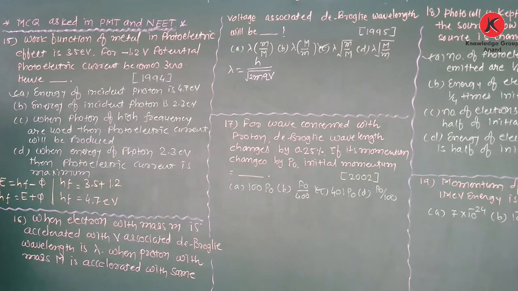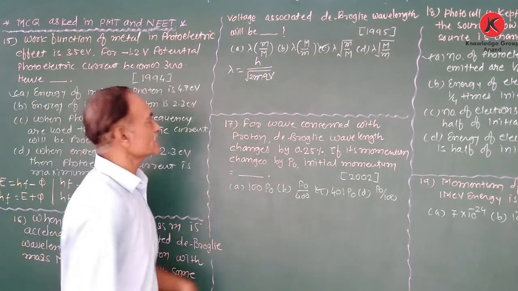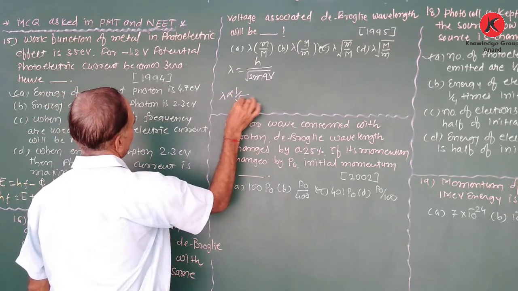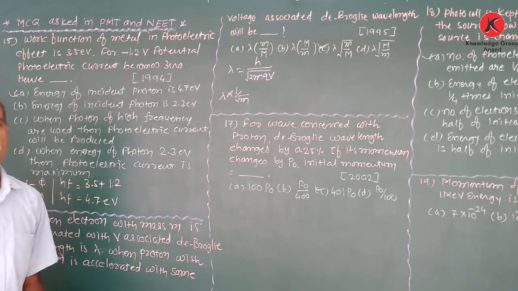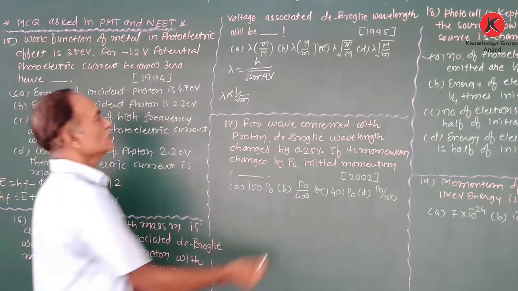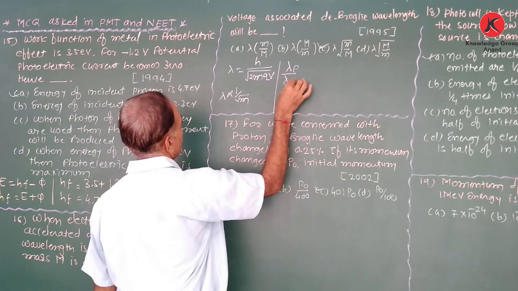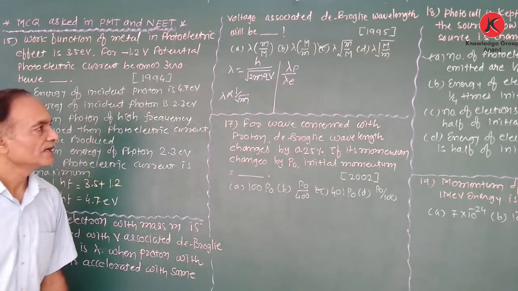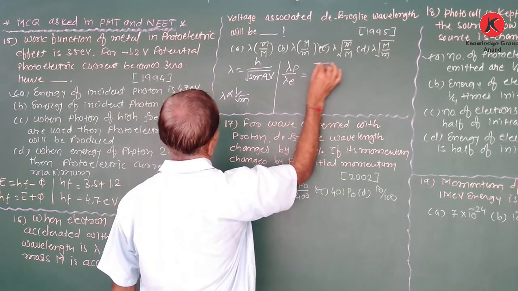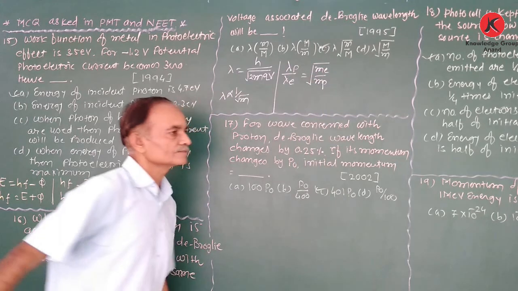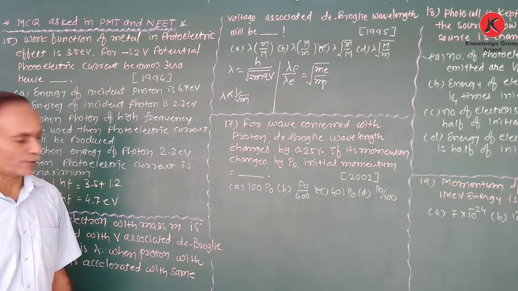Now the charges of the proton and electron are the same, and the accelerating voltages are the same. h is a constant. From this equation, lambda is proportional to 1 upon under root of m. Therefore, the de Broglie wavelength of the proton to the de Broglie wavelength of the electron is equal to under root of me upon mp, the mass of the electron to the mass of the proton.